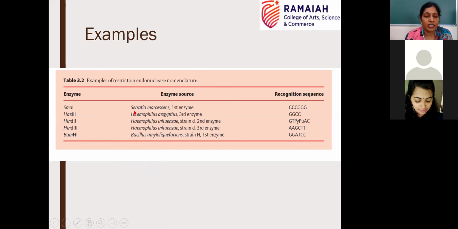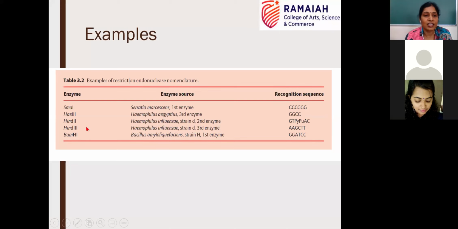So the first letter of the genus name is taken, and the first two letters of the species name are taken, SMA, and then this Roman numeral I indicates that this is the first enzyme isolated. Similarly, HaeIII, Haemophilus aegyptius, third enzyme, that's why III. And here the recognition sequence is mentioned. Haemophilus, H is taken, influenzae, IN is taken.